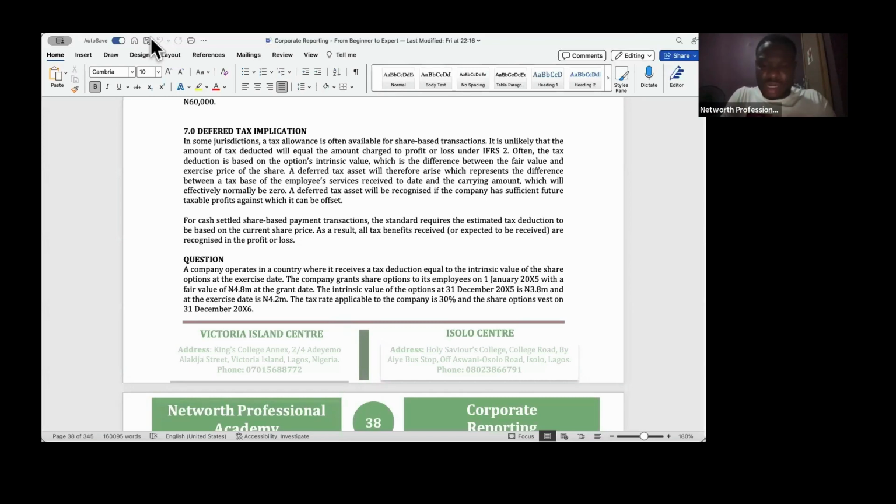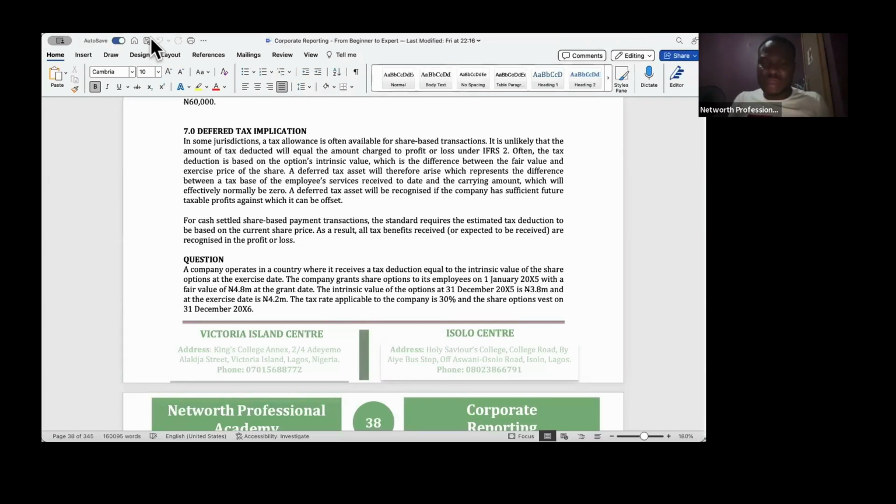because for share-based payments, the taxman is looking at, okay, should I allow this? Because you would have put it in your books as staff cost. For equity settled, you put a staff cost and put it in equity, both sides. So this is an expense as well as equity. When the taxman is looking at it in your P&L, he will say, should I allow this or not?